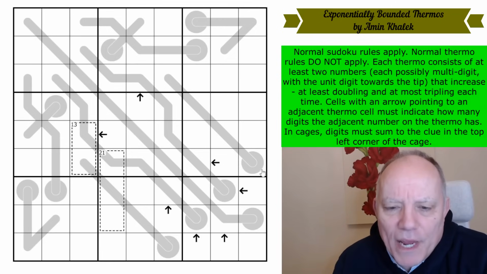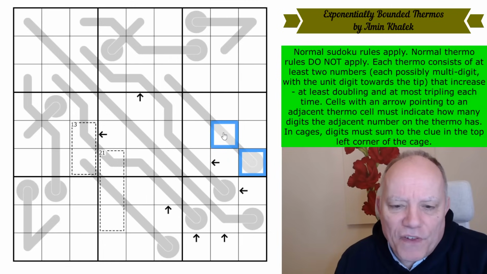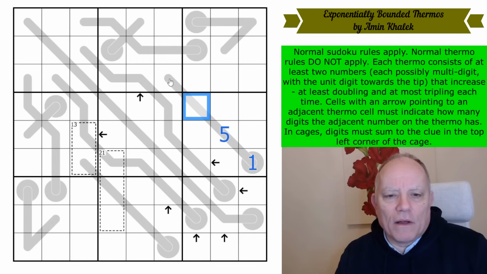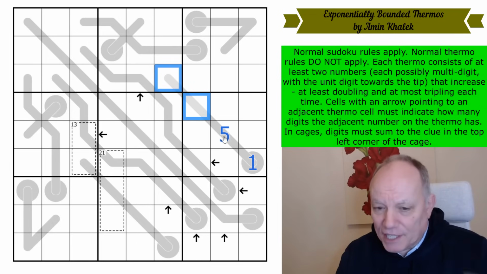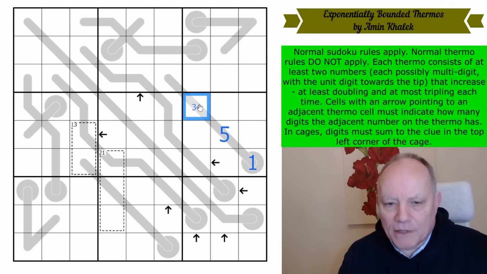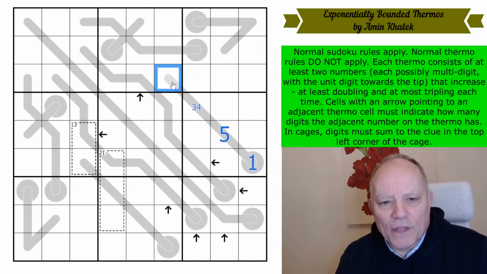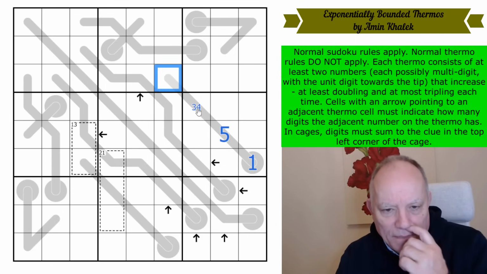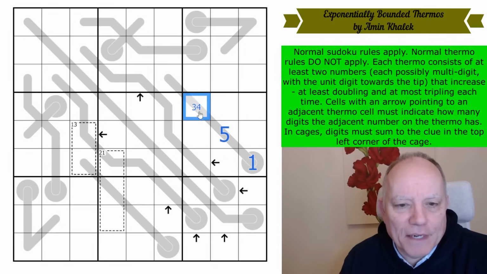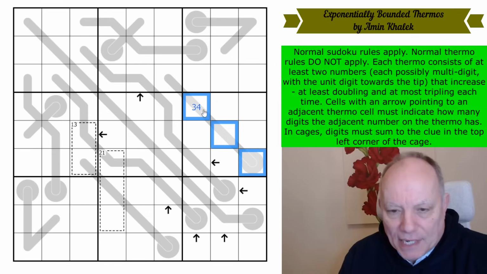So, if we had 15 here, 1, 5, then the number made up on the rest of the line would be somewhere between 30, double that number, and 45, which is triple that number. So that would be 3 or 4. And this would have to fulfill that sort of relationship. I guess it wouldn't be 30, obviously, because that would involve a 0. It would be somewhere between 31 and 45. Fascinating.